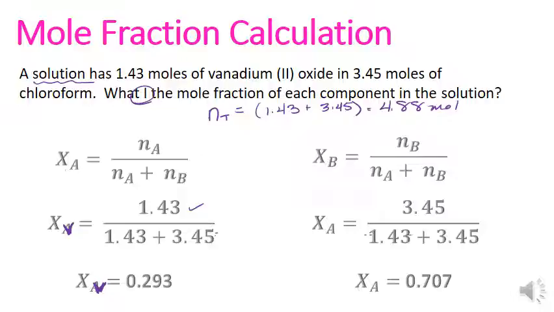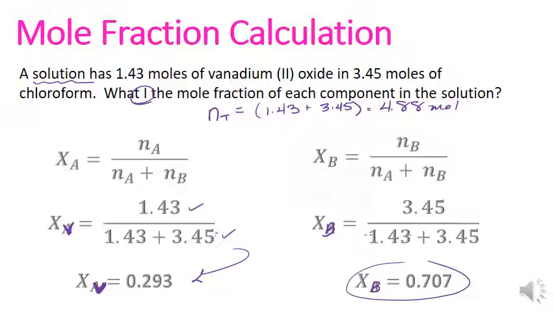You take the part that's A, which is the 1.43, divide it by the total, and you get that number. It's just like a percent, just not times 100. Would there have been an easier way to get the mole fraction of the second component?